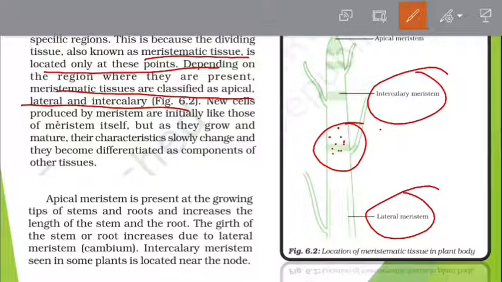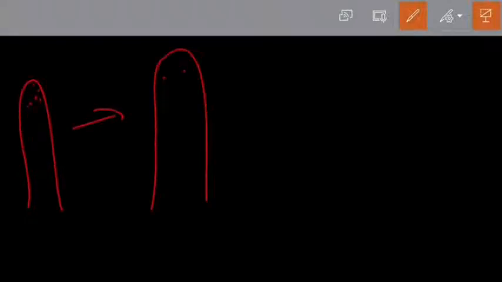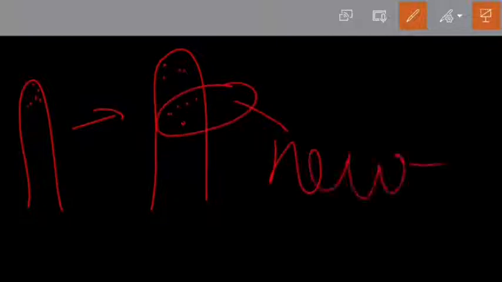New cells produced by meristem are initially like those of the meristematic tissue itself. It means when the meristematic tissue divides, it produces new cells. These new cells are initially like the meristematic tissue, but after that, these new cells lose the capacity of division. Why? Because the capacity of division is possessed only by the cells present at the tip.